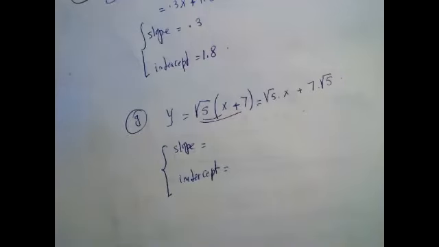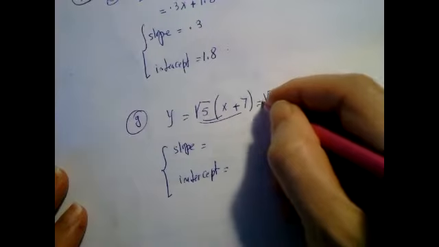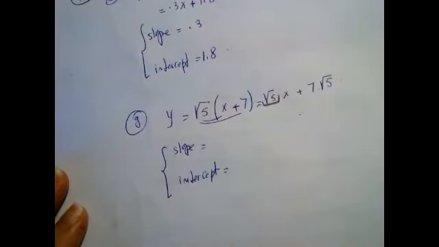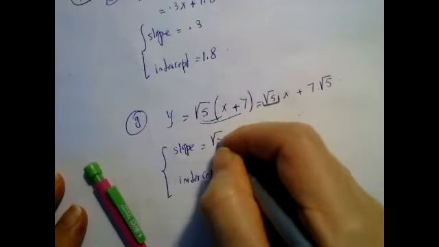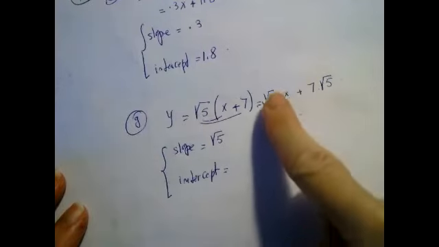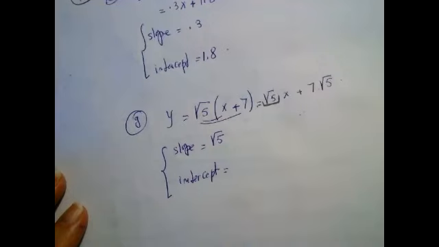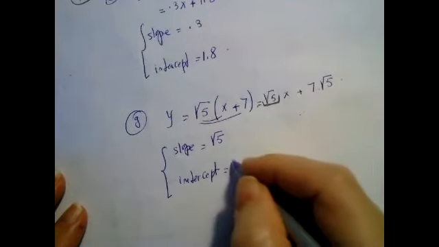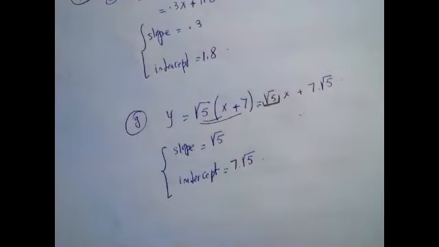What's the slope? The slope is what x is multiplied by. What's x multiplied by? The square root of 5. That's the slope. What's the intercept? It's the y value when x is 0, which is 7 times the square root of 5.